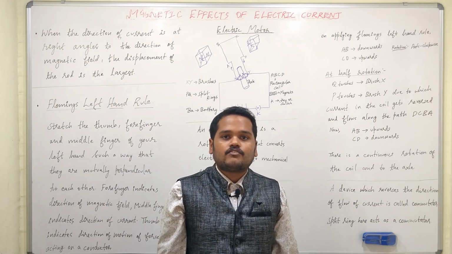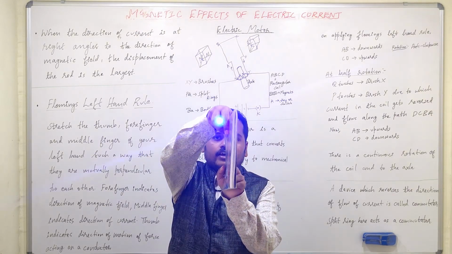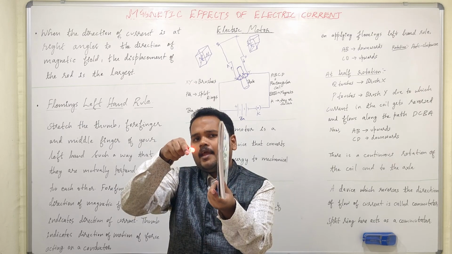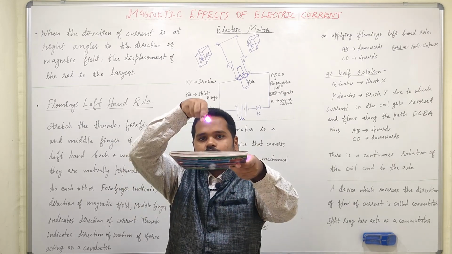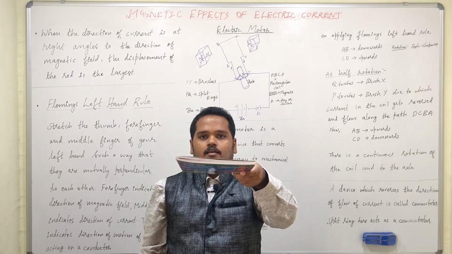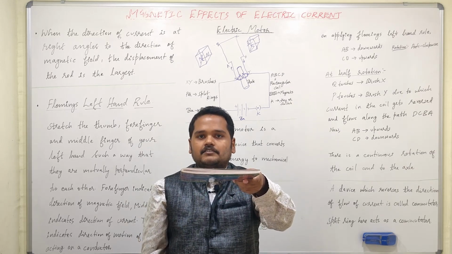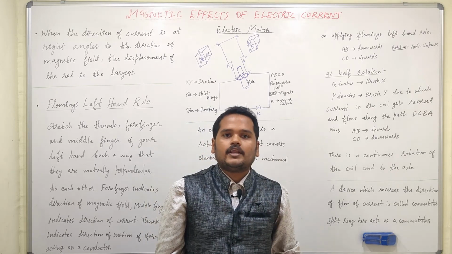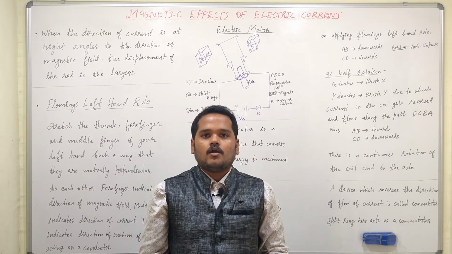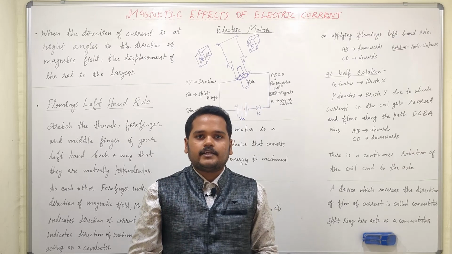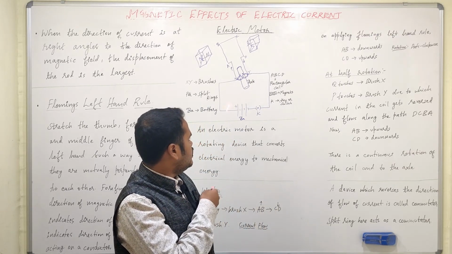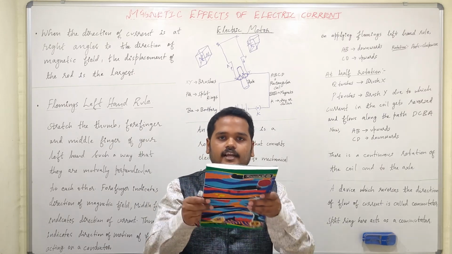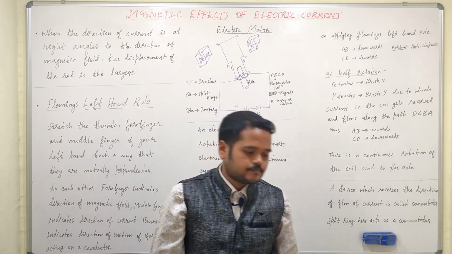When there is a reverse of current, AB switches upwards, because there is a reverse in current. So when AB switches upwards, the complete rotation is completed. Unless the battery is off or the key is switched off, this rectangular coil keeps on rotating.